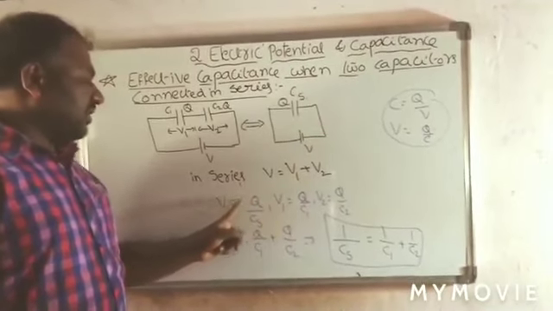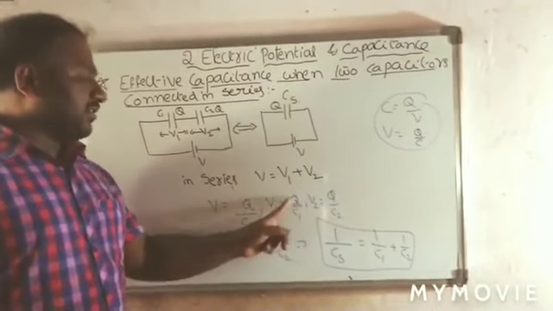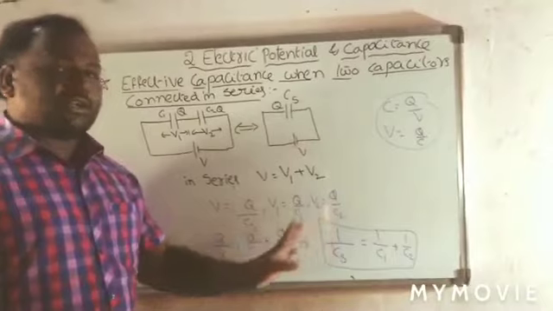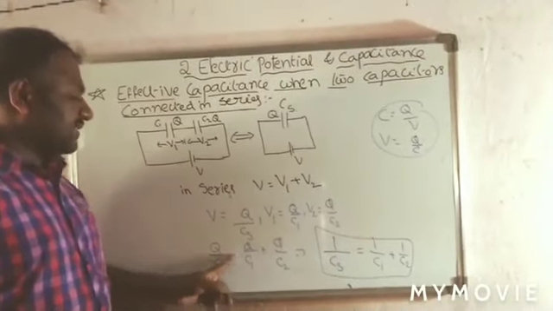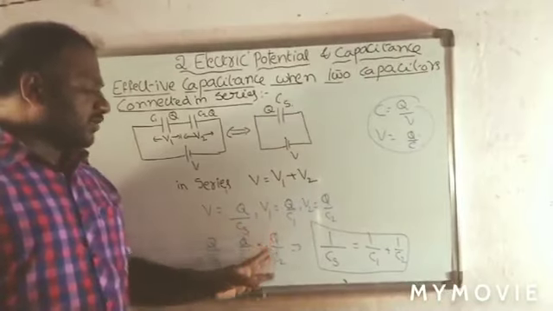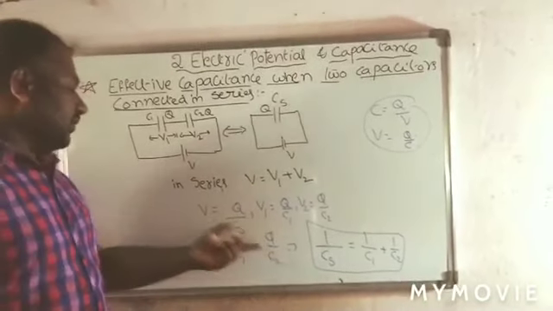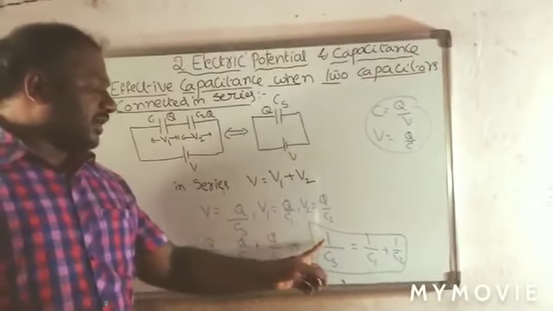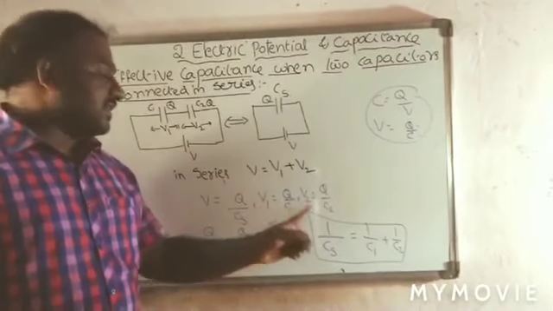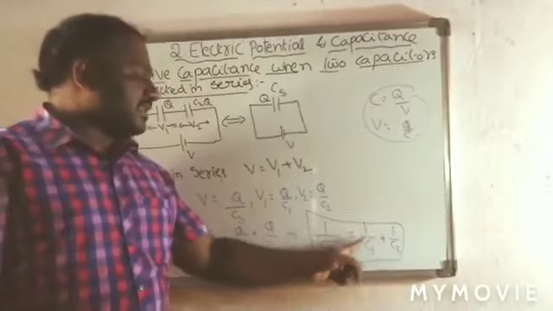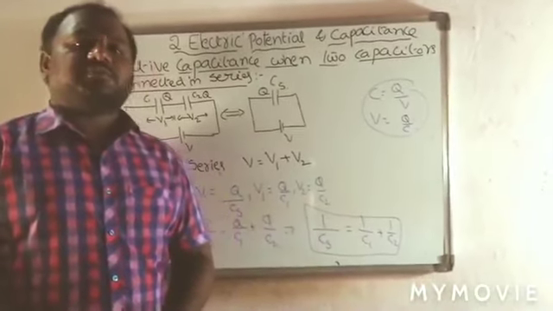That is V equal to Q by Cs, V1 is equal to Q by C1, V2 equal to Q by C2. And finally, we get Q by Cs is equal to Q by C1 plus Q by C2. So Q is common. Simplifying, we obtain the effective capacitance in the series connection: 1 by Cs is equal to 1 by C1 plus 1 by C2.